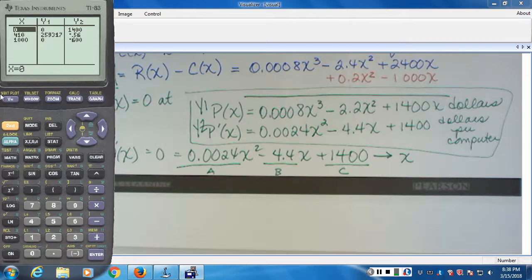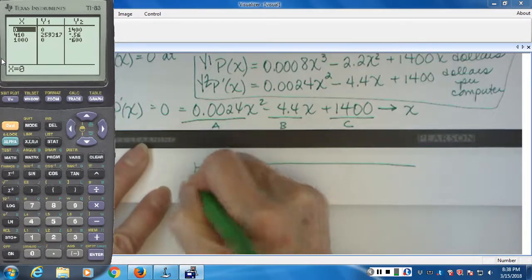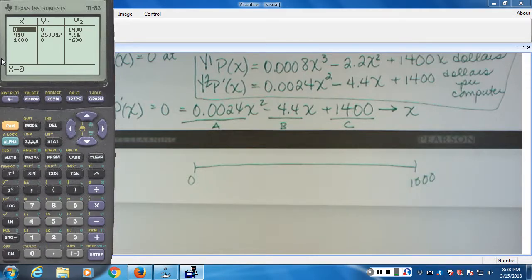Okay? So this tells me that on my number line interval, this is what's happening. Here's 0. Here's 1,000. That's my whole entire domain. I can't go outside of that. $410 is down here.